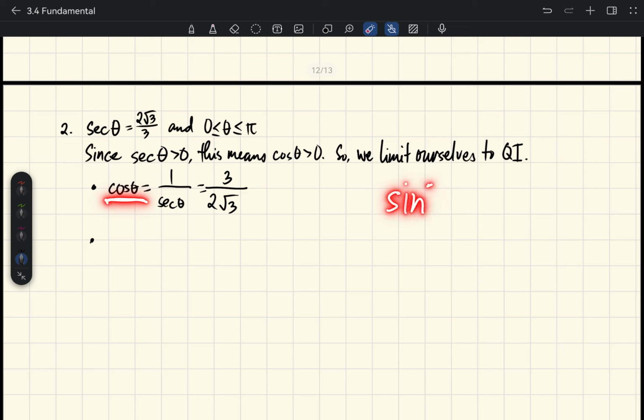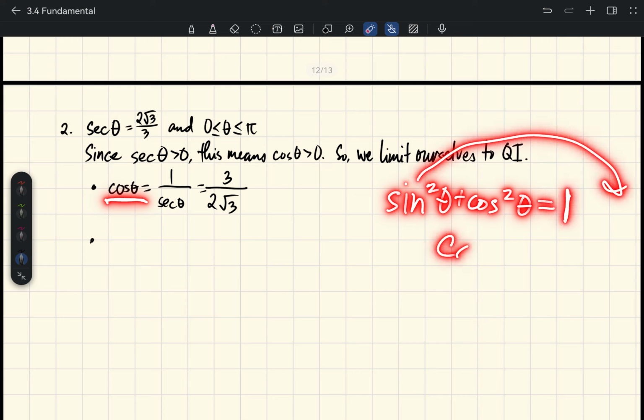We have here sine squared theta plus cosine squared theta equals 1. Then transferring here, we get cosine squared theta equals 1 minus sine squared theta.